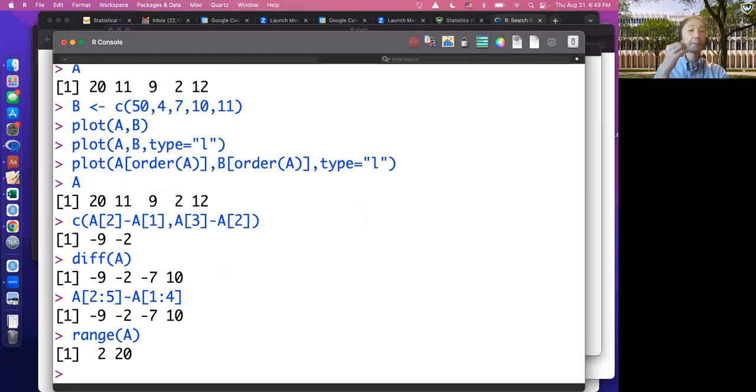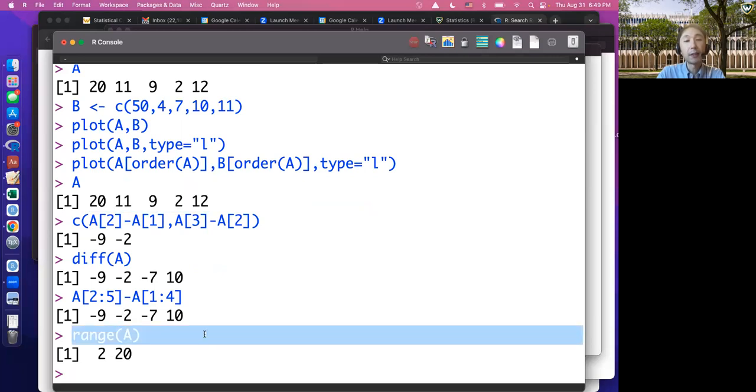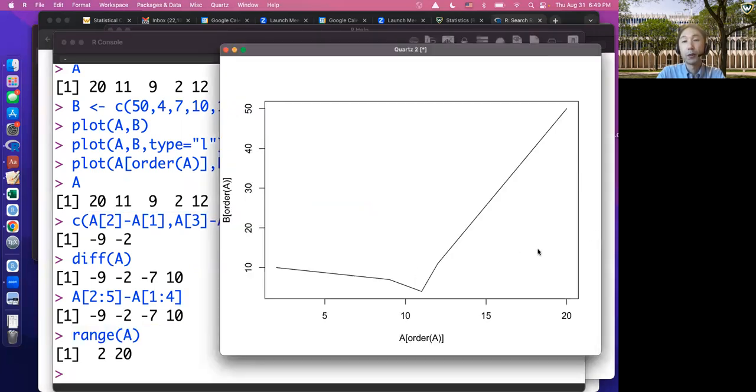And range of A returns the range of A. So 2 is smallest and 20 is largest, so minimum and maximum. This is useful, for example, to specify the range for a plot.